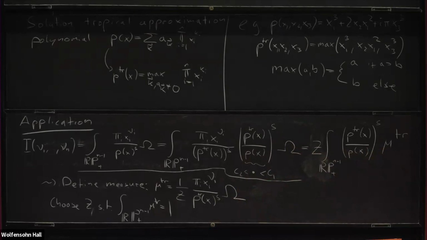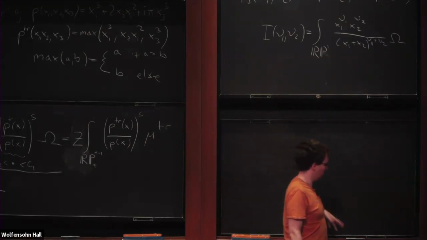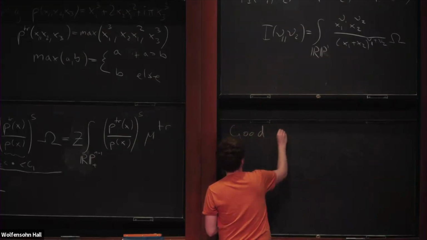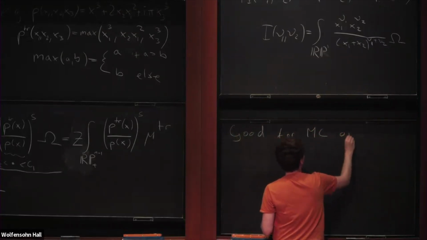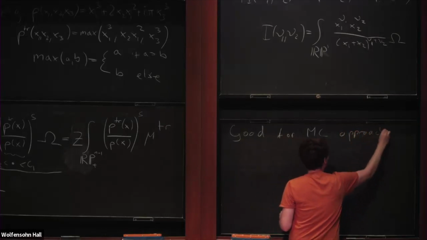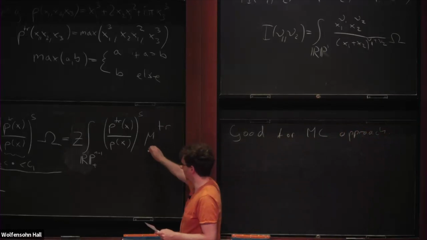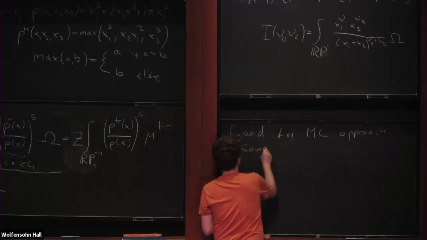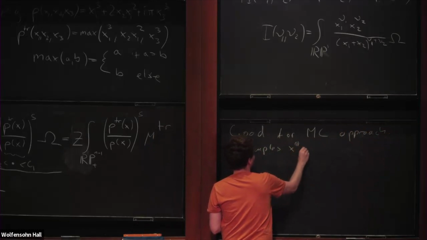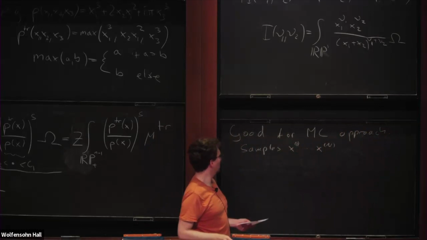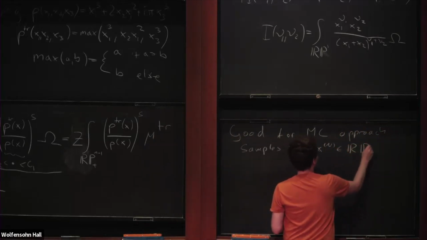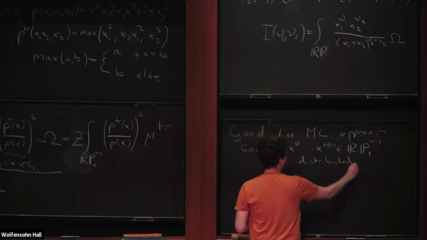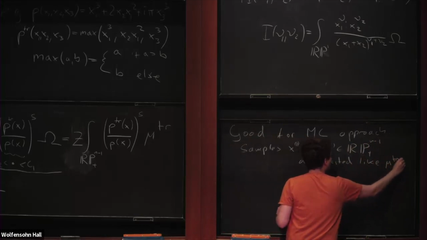The Monte Carlo strategy for these kinds of tropicalized integrals: we are now good for a Monte Carlo approach, because we can, in principle, just go to our computer, and of course this is the main caveat, and say, give us 1,000,000 samples, x1 to xN, capital N being 1,000,000, that are in R_+^{n-1} and that are distributed like mu trop, like this measure.